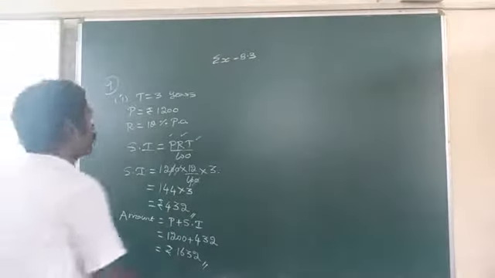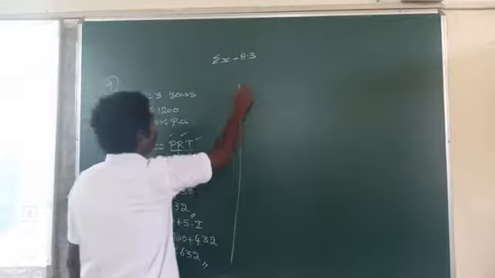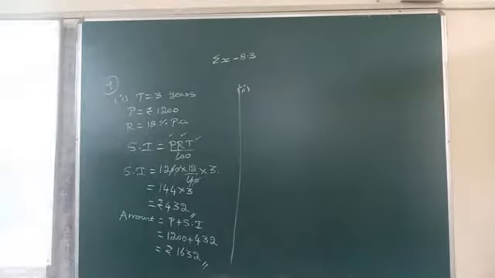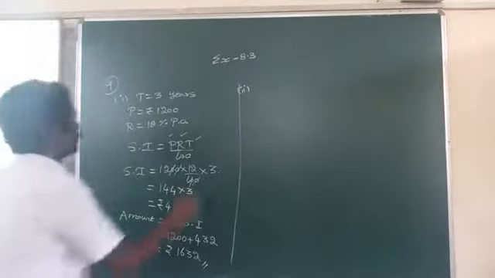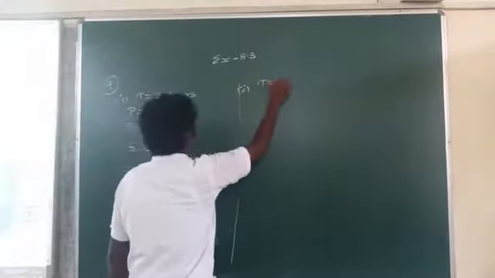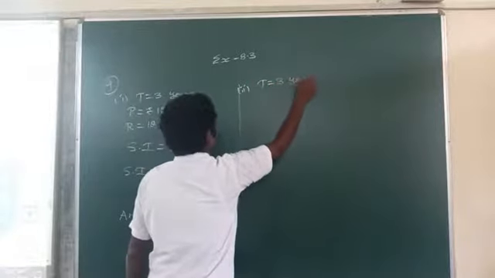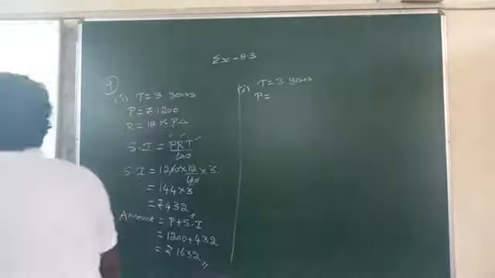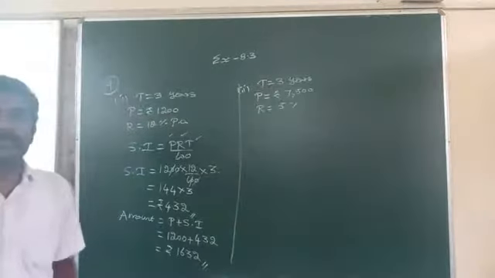Now, come to the second part. In the second part, the time period is 3 years, the principal amount is 7500, and the rate of interest is 5% per annum.